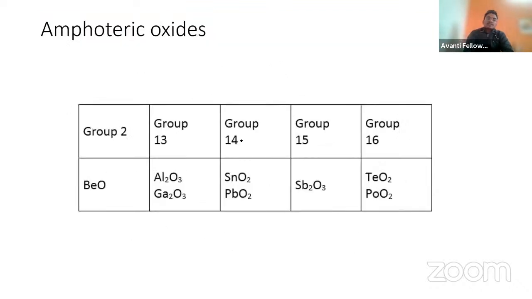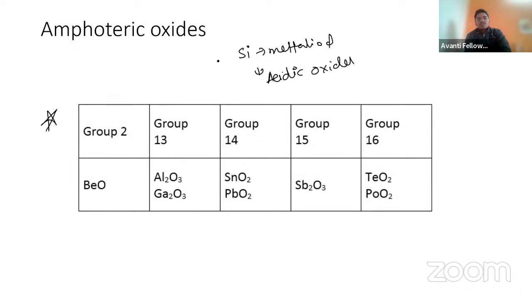Next one is amphoteric oxides. What are amphoteric oxides? Amphoteric oxides are basically formed by metalloids, except this one, silicon. Silicon is a metalloid, but it always forms acidic oxides. So there is an often perception that amphoteric oxides are formed by metallic elements.